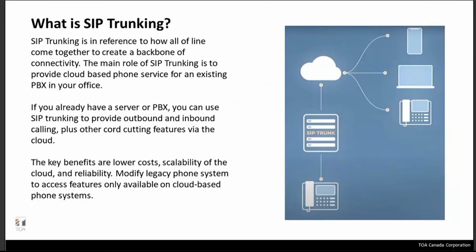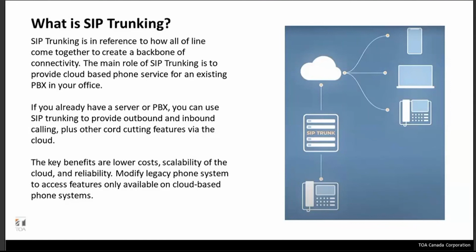SIP trunking is another topic that we have. Most of the time we see ISDN, and as we saw in the first slide of our presentation, we put in a physical circuit that makes the PSTN call.